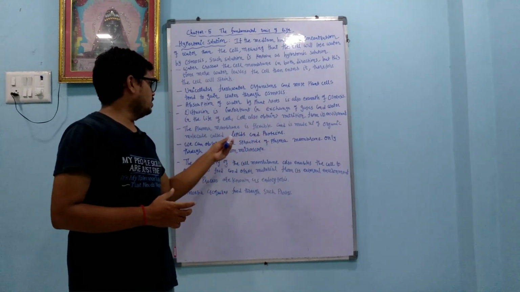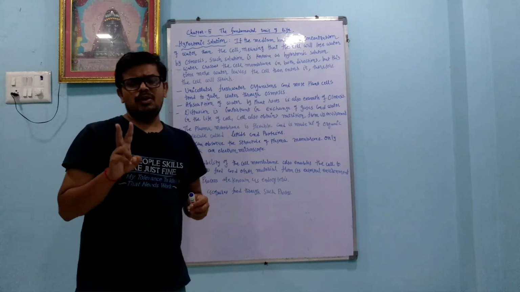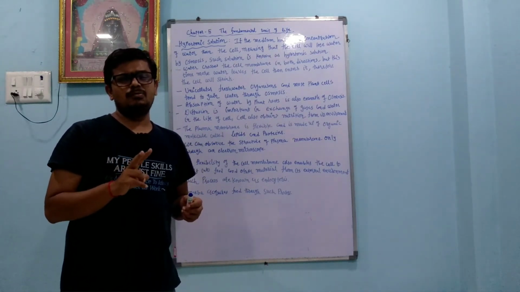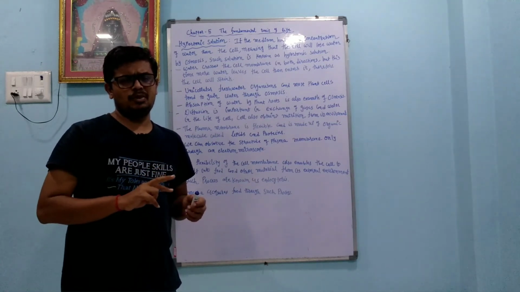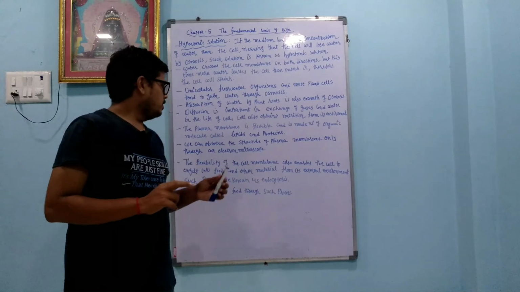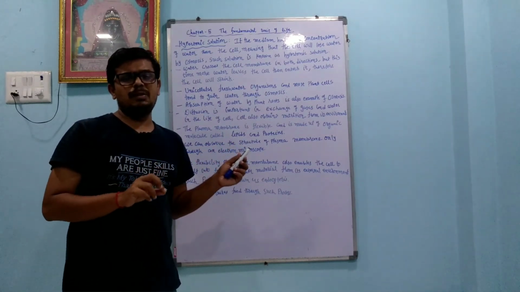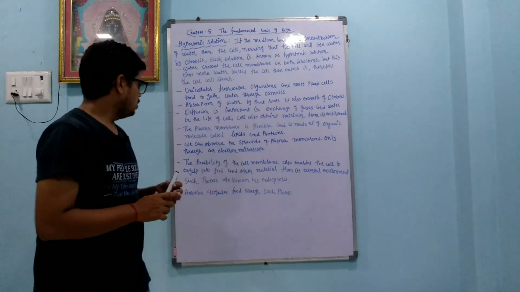Organic molecule has two definitions. The first definition is that compounds obtained from the organs of plants and animals are called organic molecules. The second, standard definition is that compounds made up of carbon, hydrogen and oxygen are called organic molecules.